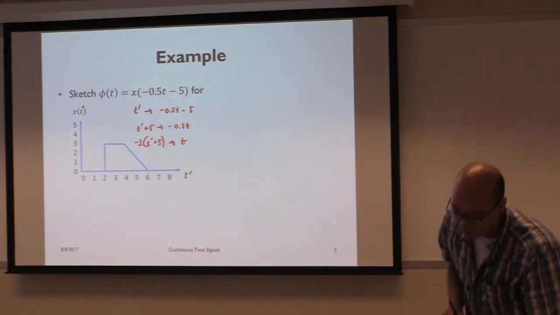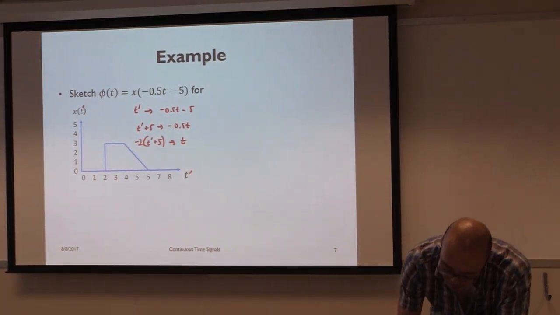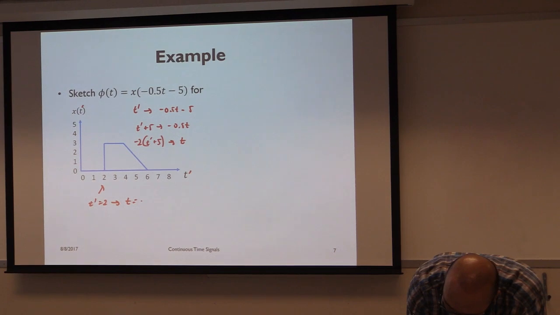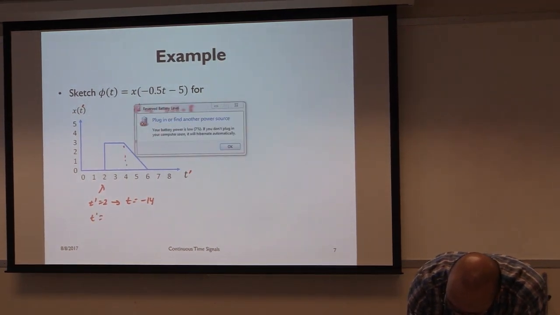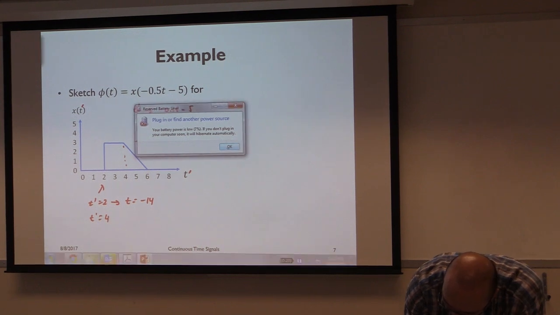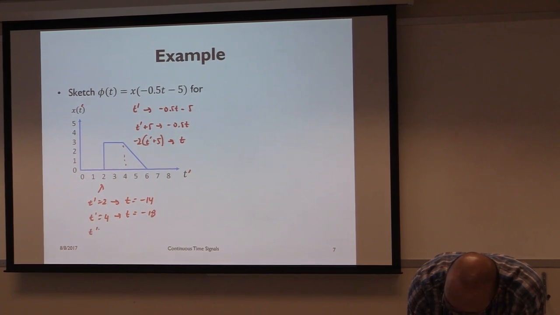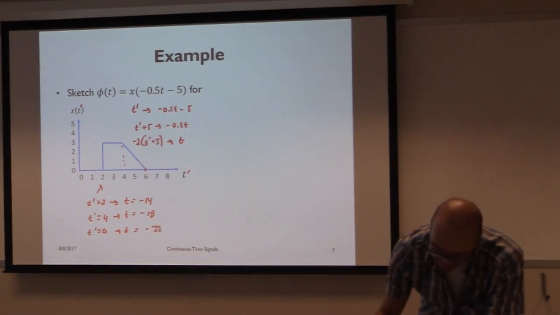my mapping for t. So if I take a look at key points in time of my original signal over here, when t prime is equal to 2, I'm going to have t is going to be equal to minus 14. When t prime is equal to 4, I'm going to have t is equal to minus 18. And when t prime is equal to 6, so this point over here, I'm going to have t is equal to minus 22.